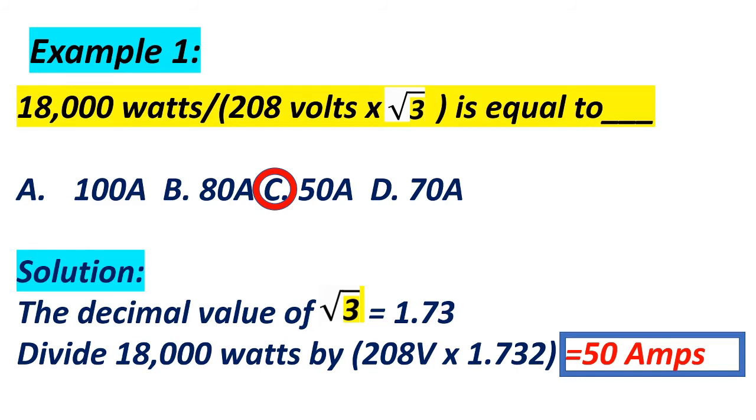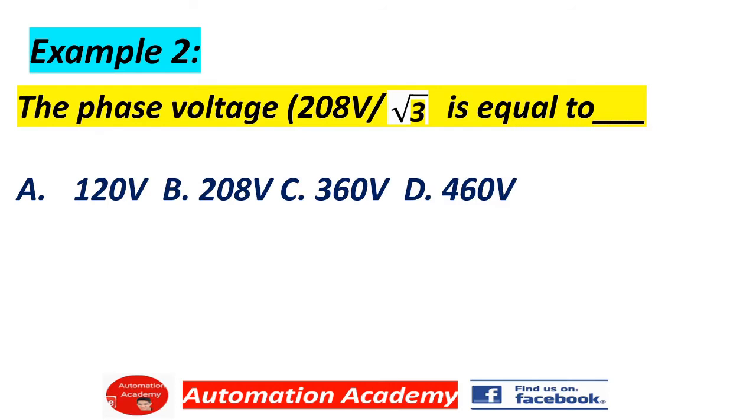Solution. The decimal value of square root of 3 is 1.73. Divide 18,000 watts by 208 volts times 1.73 equals 50 amperes. Example number 2. The phase voltage 208 volts divided by square root of 3 is equal to: A, 120 volts.